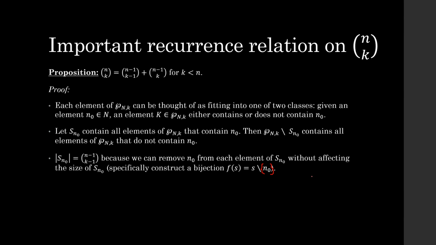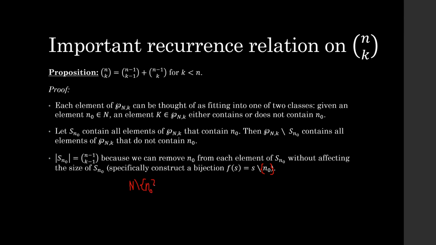And so that means that S n0 is going to have the same size as the set which has all those elements where you remove n0. If you think about it, at that point all the elements of S n0 are subsets of big N, except they each don't contain n0, so you can think about it as subsets of big N remove n0, because each of them doesn't contain n0 anyways.